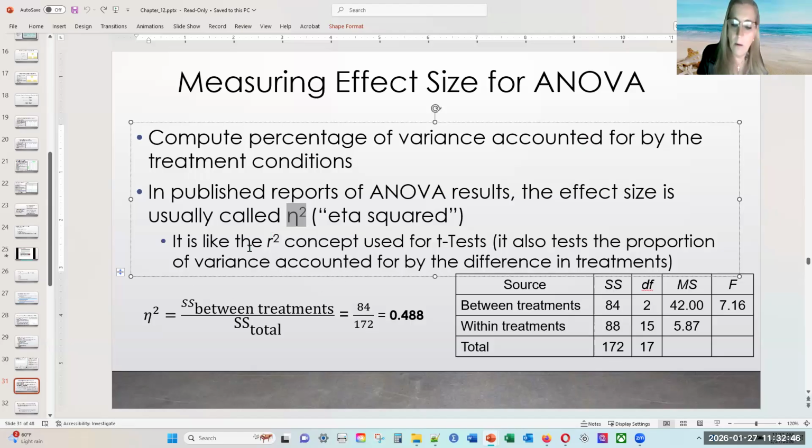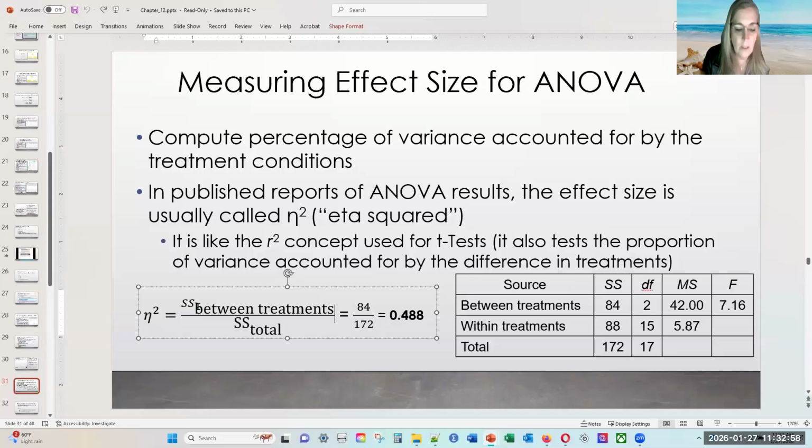It's like the R squared concept that we use for t-tests, and it also tests the proportion of variance accounted for by the difference in treatments. It is calculated using this formula: SS between treatments divided by SS total.